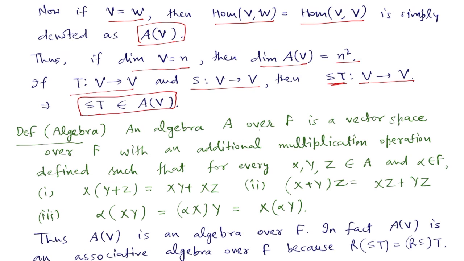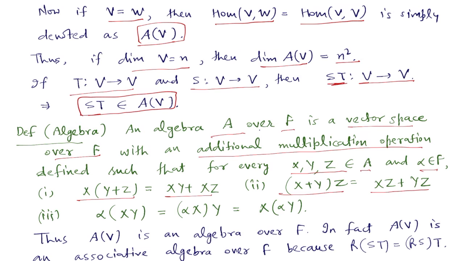Now we define what is an algebra. An algebra A over F is a vector space, first of all, over a field F. Then we have an additional multiplication operation defined such that for any x, y, z in A and alpha in F, we have x times y plus z is equal to xy plus xz, x plus y times z is equal to xz plus yz, and alpha xy is equal to alpha x times y equal to x times alpha y.